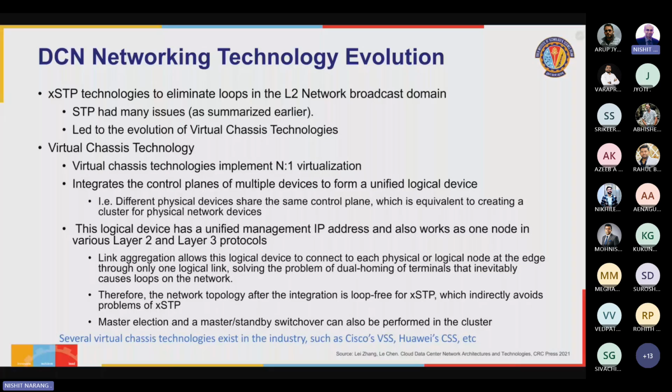But because it led to underutilization of the network bandwidth, alternatives were identified, which suggested using VLAN specific spanning tree protocol, so that different VLANs had their own spanning trees, and in totality, considering all the VLANs, the entire network bandwidth could be utilized. This was an intermediary solution to arrest bandwidth underutilization and at the same time avoid broadcast storms.